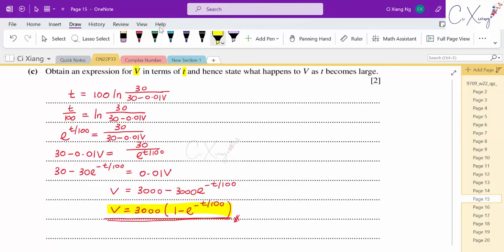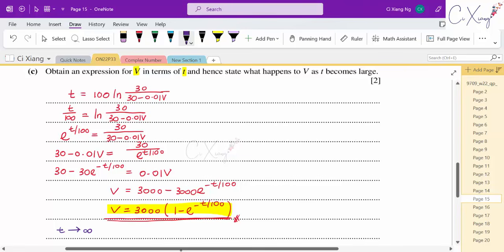when t becomes large. So when t becomes large, basically it means t approaches positive infinity, very, very large. For here, maybe we just need to consider what will happen to the expression e power negative t over 100 when t is infinity.